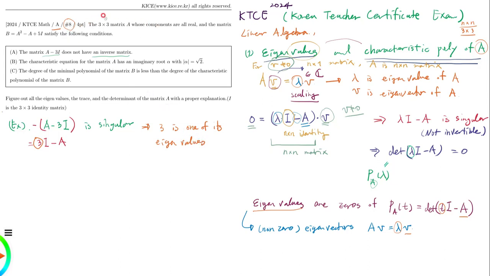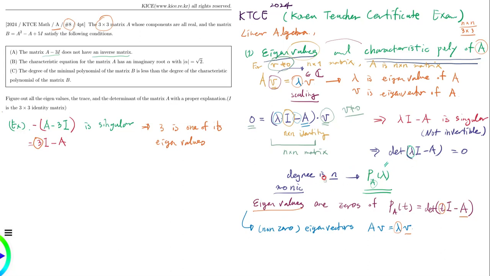And for the case of a 3 by 3 matrix, I forgot to mention the degree of the characteristic polynomial: its degree is n, and it is a monic polynomial.